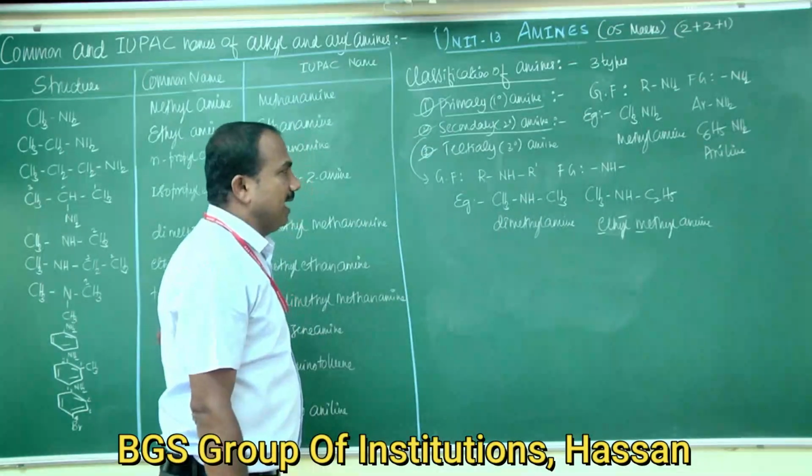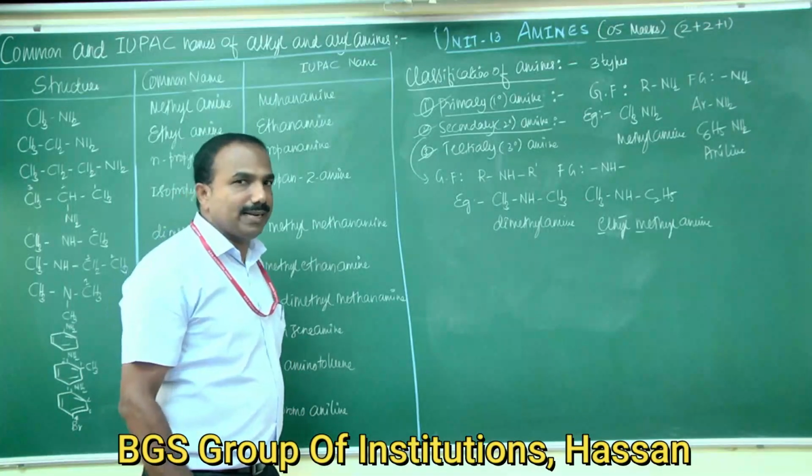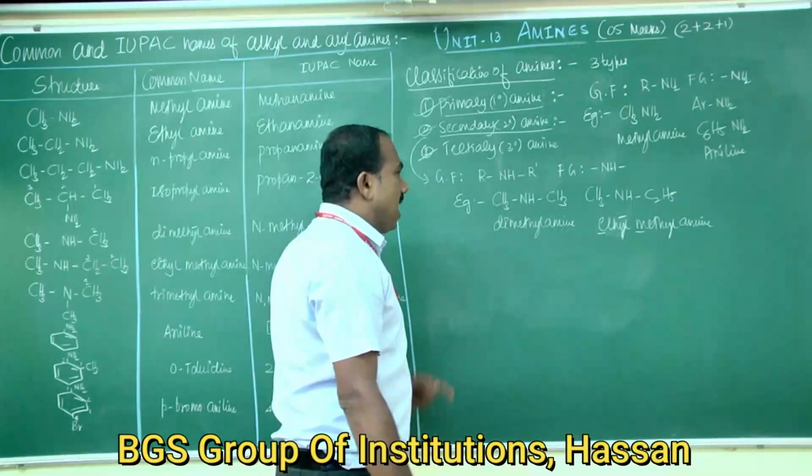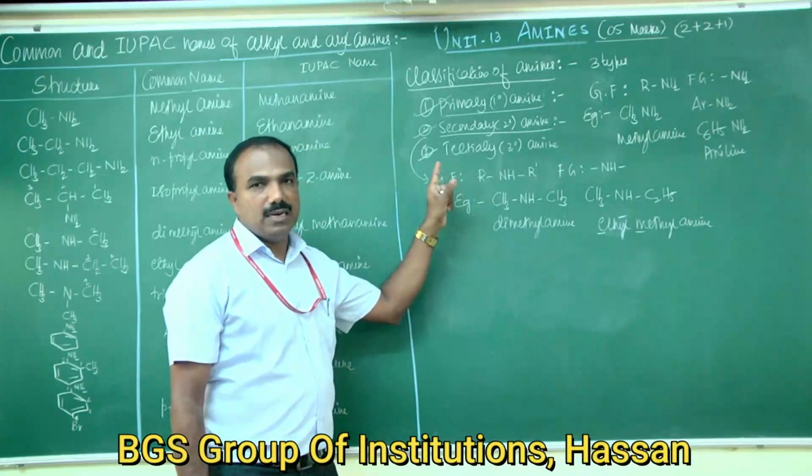Third one, tertiary amine. If all three hydrogen atoms of ammonia are replaced by alkyl or aryl groups, then that amine is called a tertiary amine.